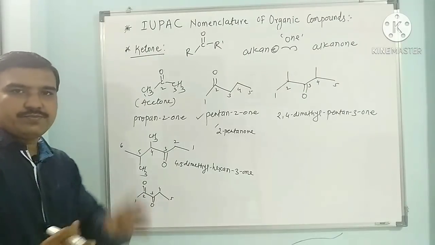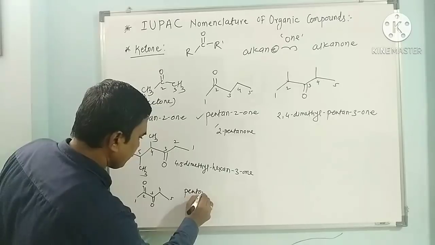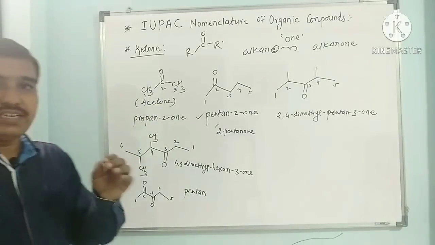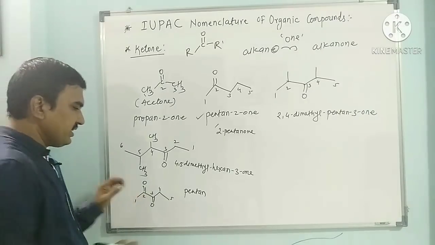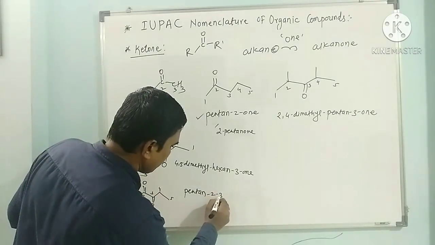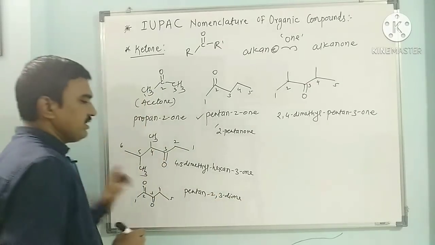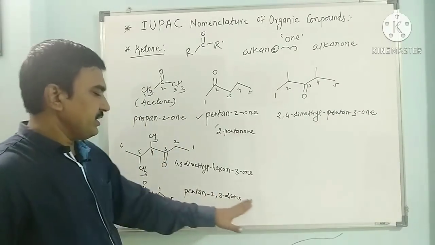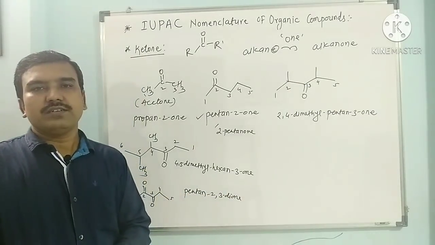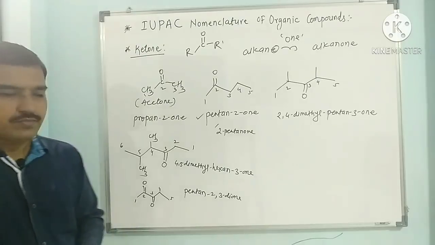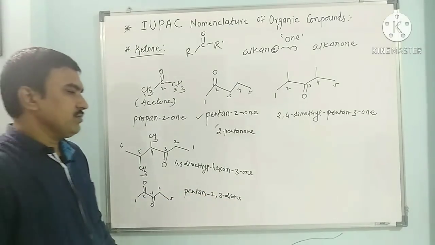How many carbons here? 5 carbons. So it is pentane. Now it is dione. Mention the position of carbonyl carbons, 2 and 3. 2,3 dione. 2,3-pentanedione or pentane 2,3-dione.